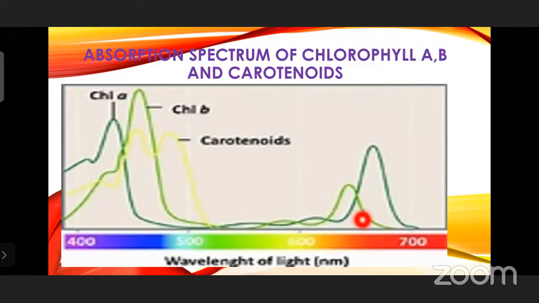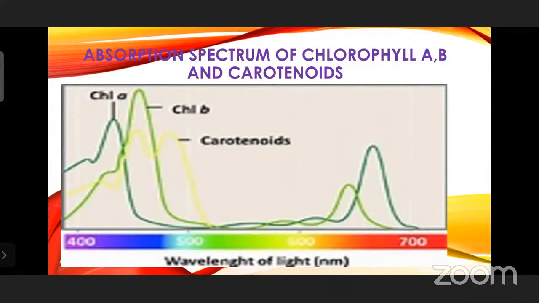So this is about dark green color chlorophyll A, and olive green color is there. Chlorophyll B is olive green in color, and you can see this chlorophyll B is plotted here, and it is more at this blue color only, and again it is dropping, and finally again at red color it is more. That means the blue and red color points, we can see more absorption is there.